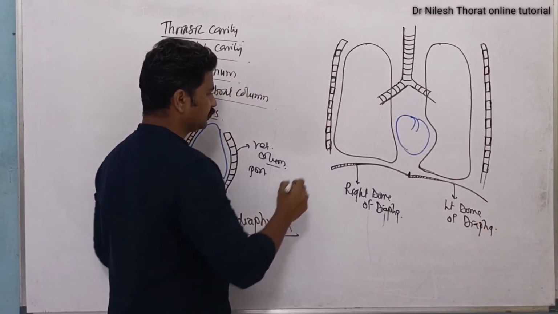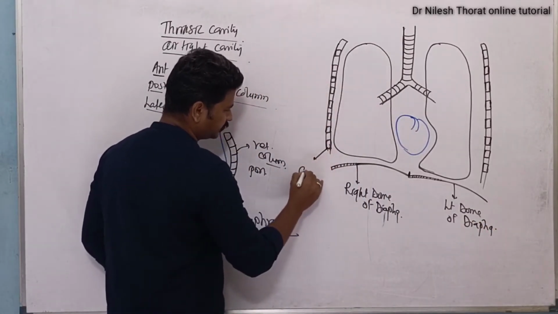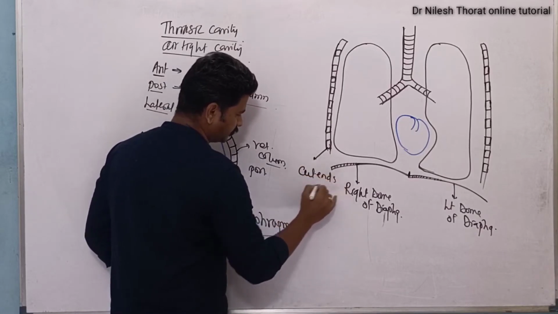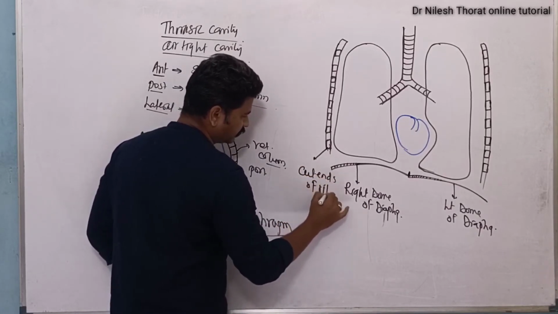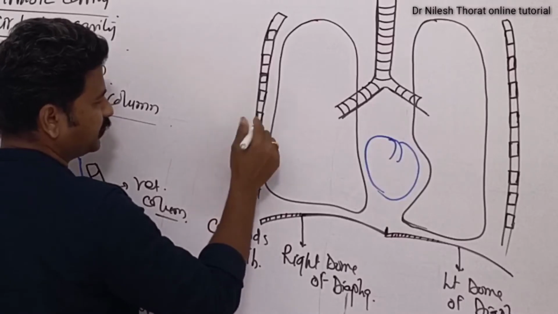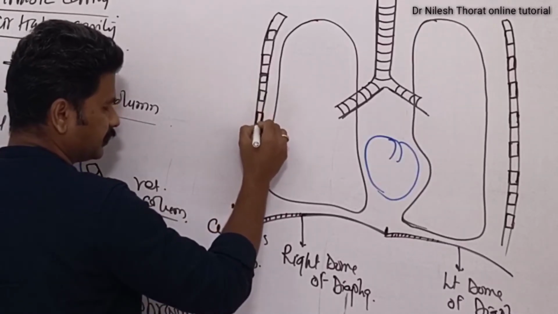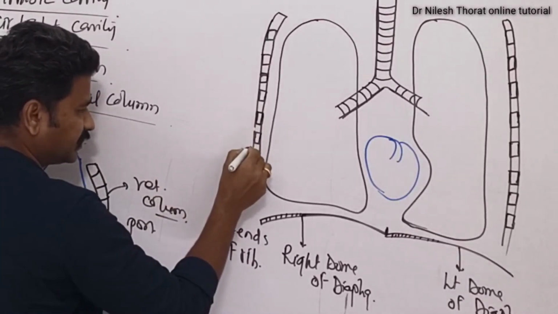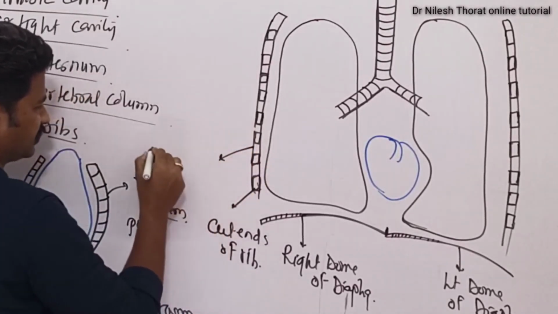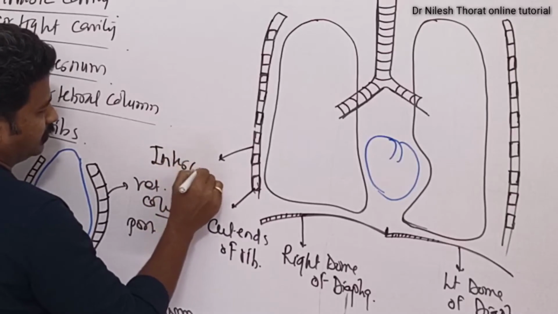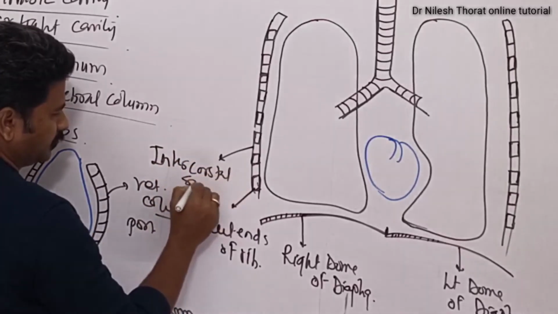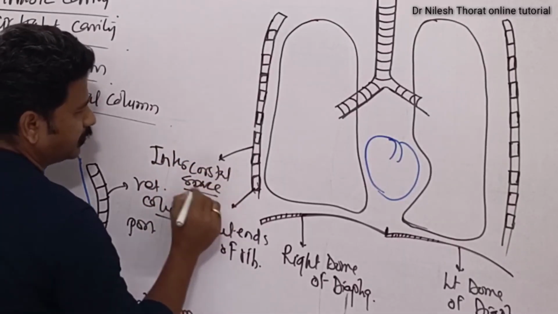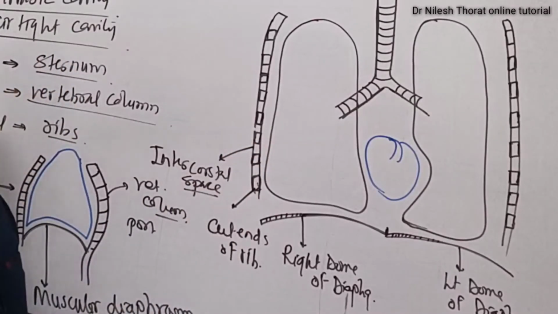Clear? These are the cut ends of rib, and the space between two ribs is called the intercostal space, which is sealed by two muscles.